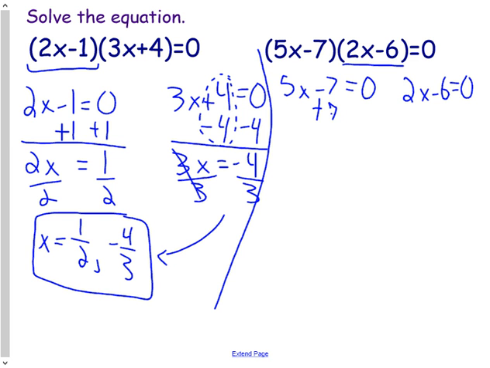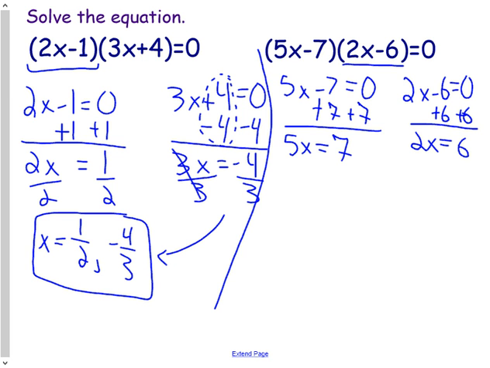Plus 7 to both sides to get 5x equals 7. And 2x minus 6, plus 6 to both sides, 2x equals 6. Normally we solve one at a time, so I'm doing two at a time here. Divide by 5 on both sides, x equals 7/5. I prefer it in fraction form, so I could plug it back in to see if it would work.